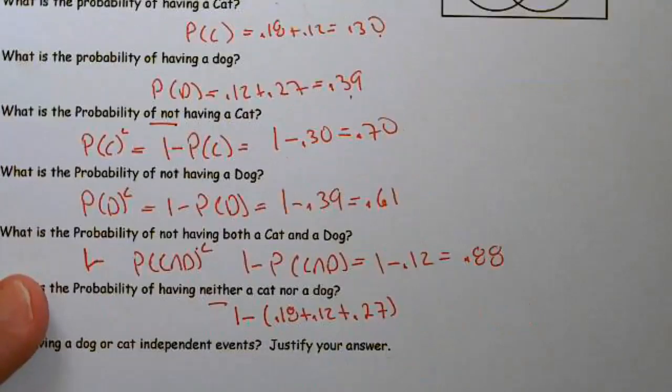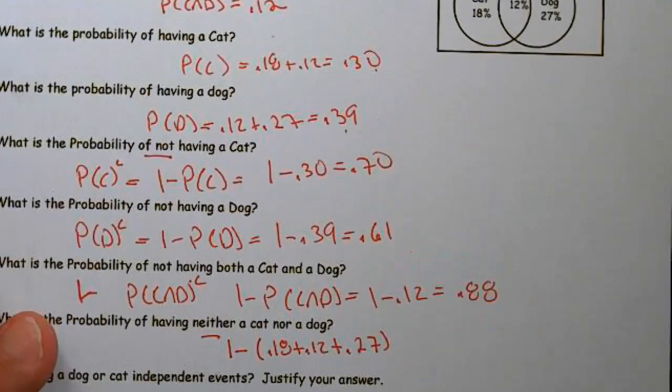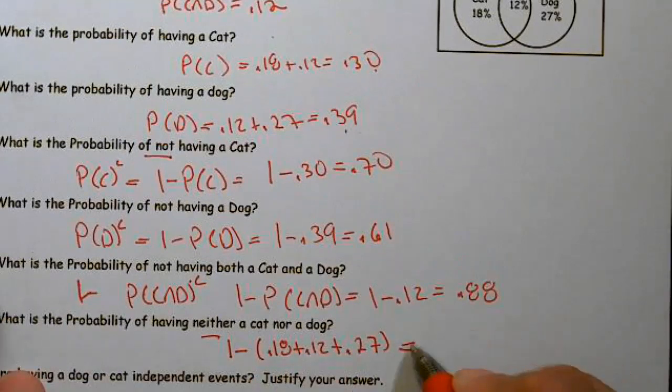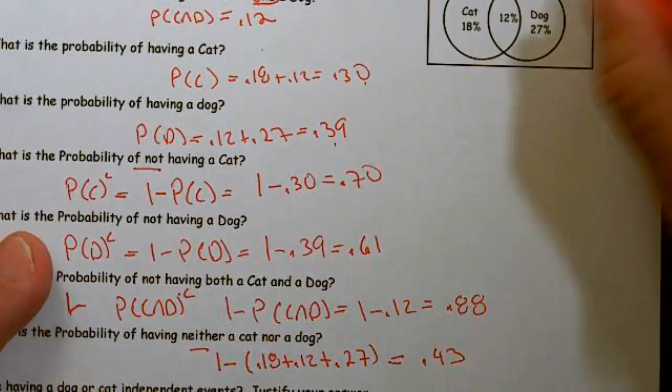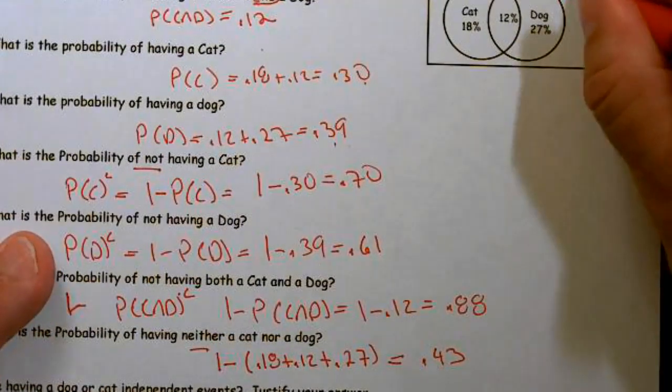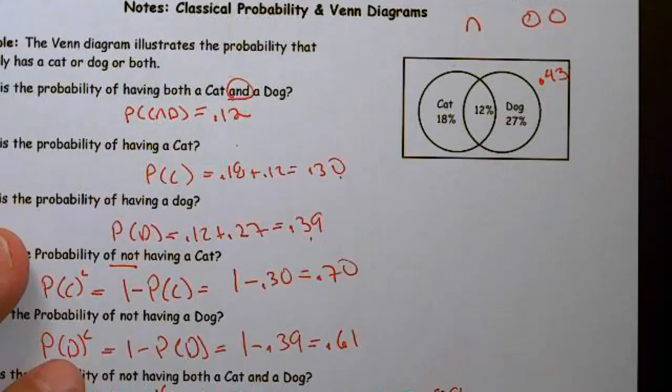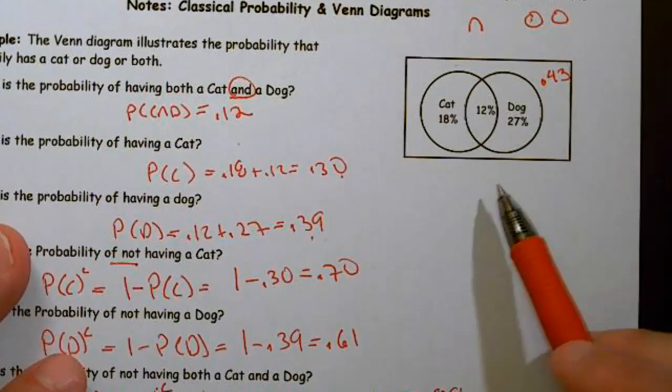So that's going to be 1 minus 0.57, because this part ends up being 0.57 in here, which equals 0.43. So there's a 43% chance that they own neither. I'll just put a 0.43 out there. All right. So there's my 43% chance of owning neither.